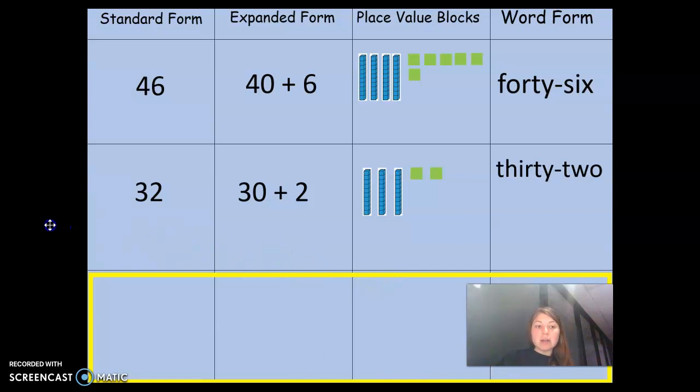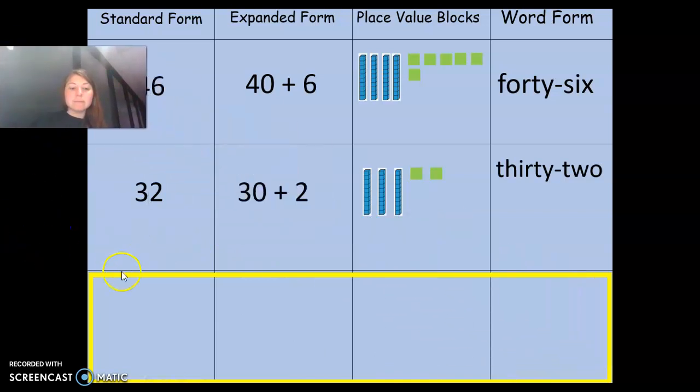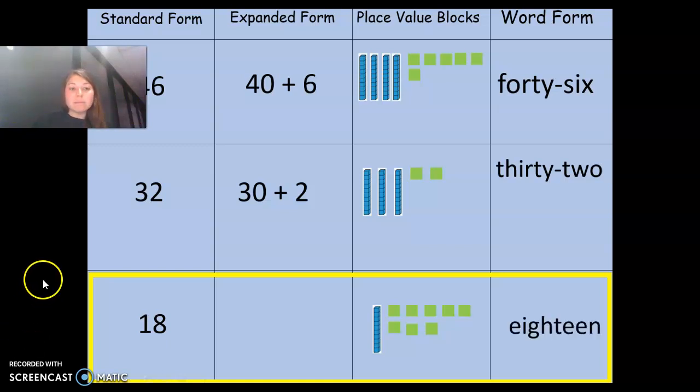Now let's try another one. This one, we're given the standard form. I see the number 18 in standard form. We're given our place value blocks. I see 1 10 and I see 8 1s. The word form is 18.